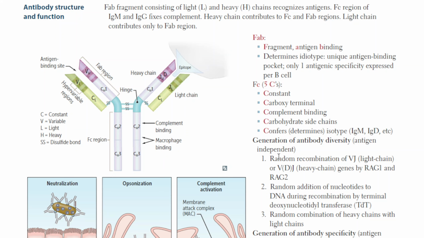This is a process that contains the random recombination, random addition of nucleotides, and random combination of heavy chain and light chain. So the random recombination of the VDJ heavy chain genes happens by the activation of RAG1 and RAG2.